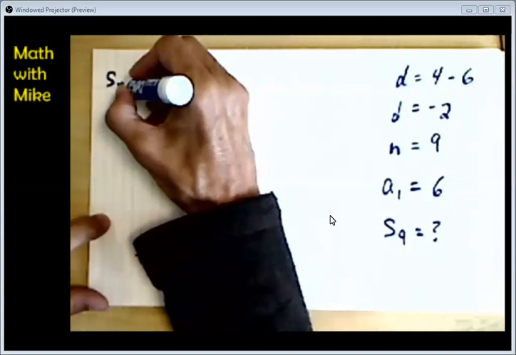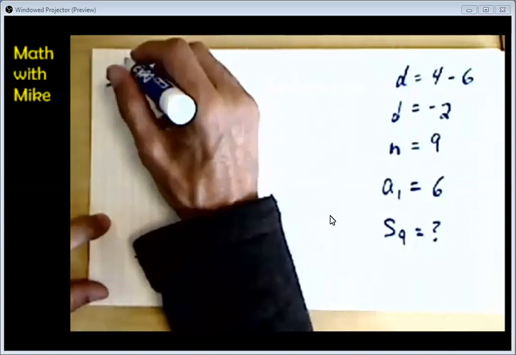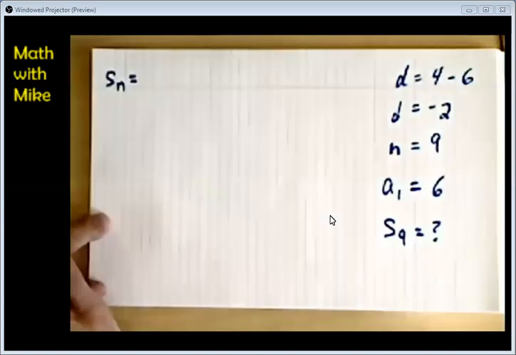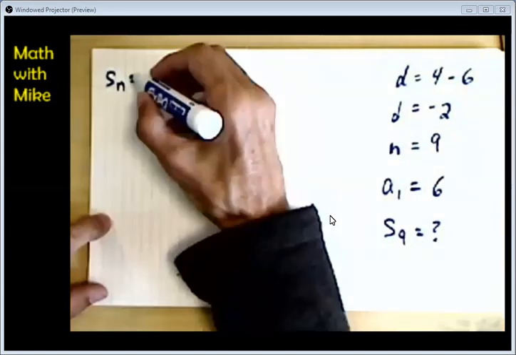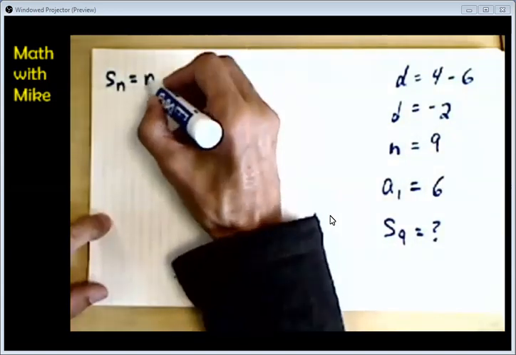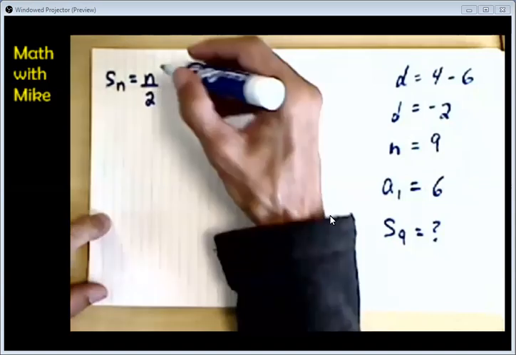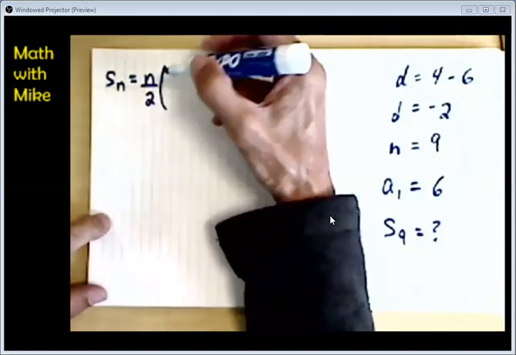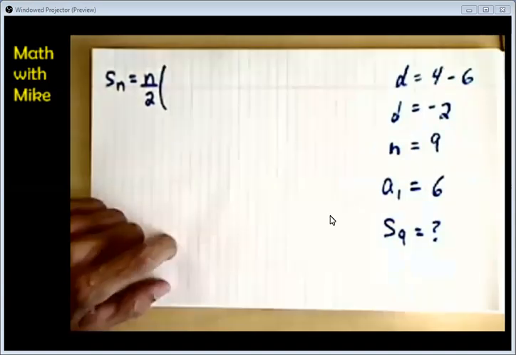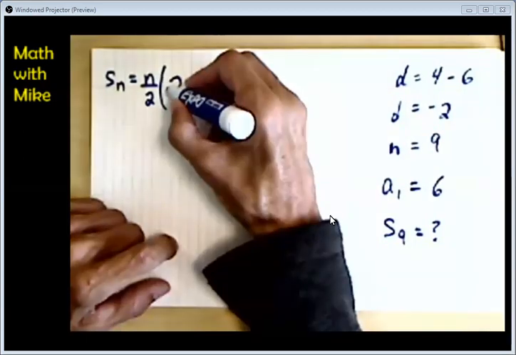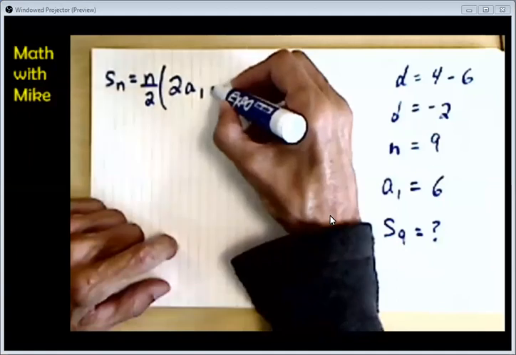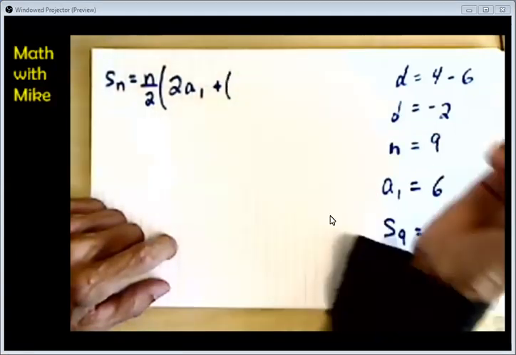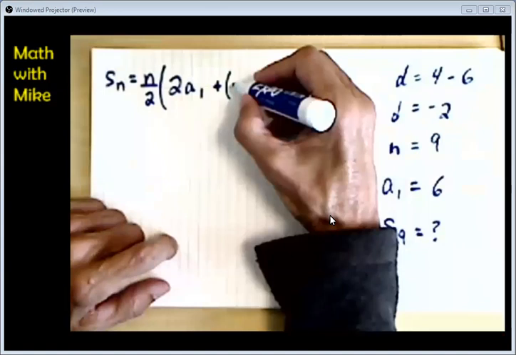The one we'll use is this one here, and over 2 for sure. Brackets, and another bracket.